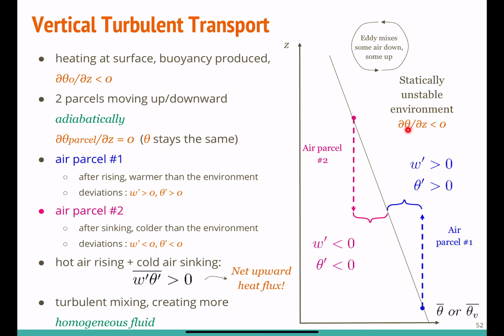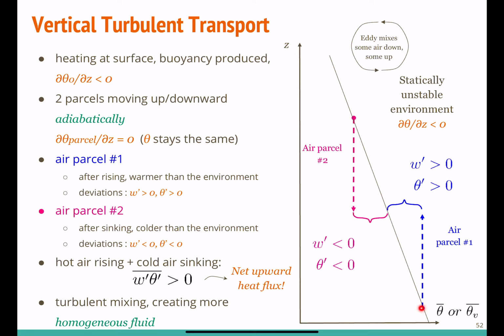So theta is decreasing with height, and we assume that there are two particles moving up and down adiabatically. By adiabatically, we should keep theta constant when we are rising or sinking. So theta stays the same.